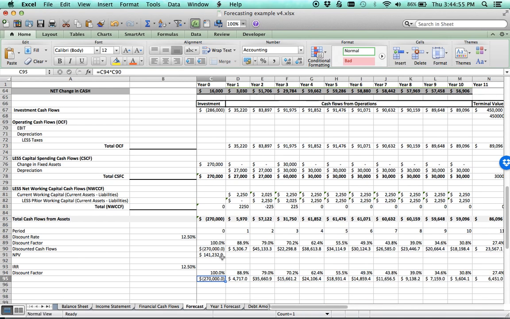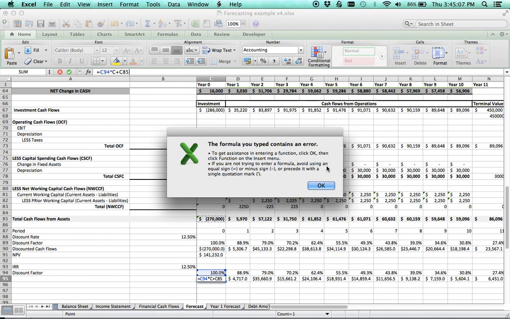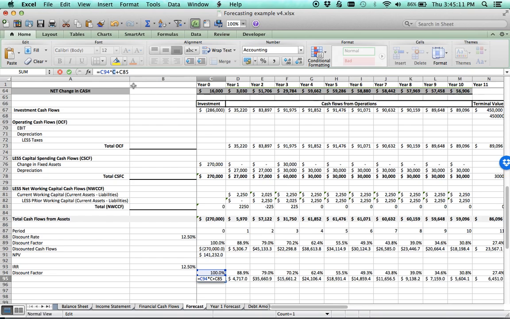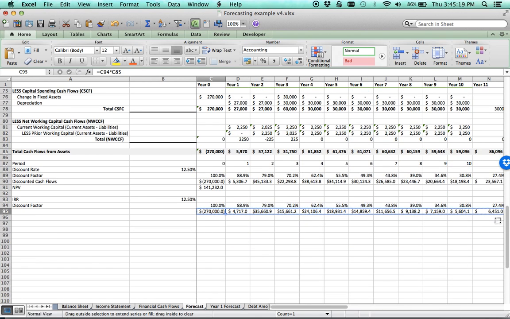So that times C90. Yeah, it's important that you do it times the actual cash flows, not the ones you've already discounted once. Okay, didn't like that. That's okay. So we're going to calculate that whole thing out.